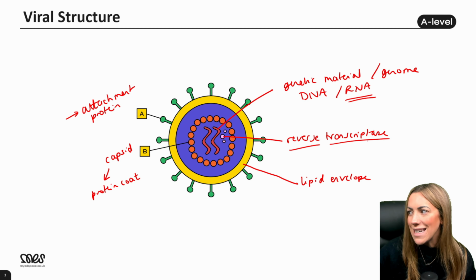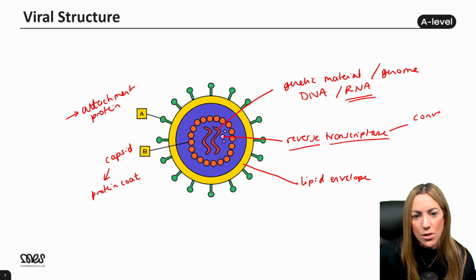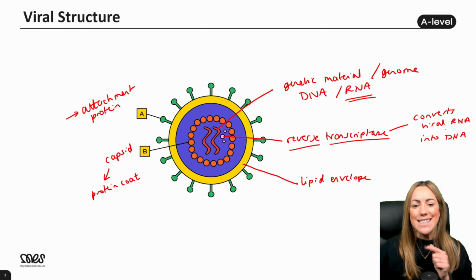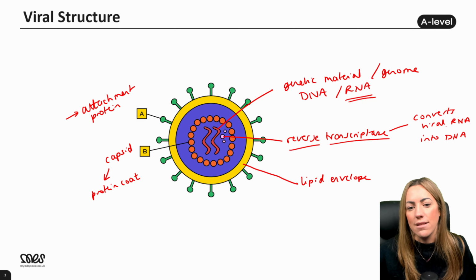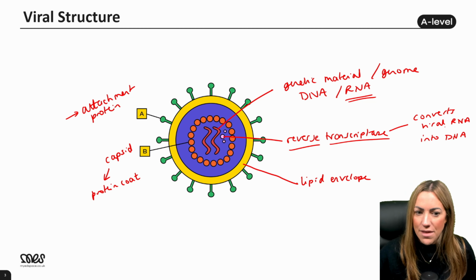So it also needs the enzyme reverse transcriptase, because what reverse transcriptase does is it converts viral RNA into DNA so it can be integrated into the host cell's DNA using another enzyme called integrase. Again, not all viruses have this. They don't have this enzyme. They don't need it if they've got DNA. But HIV needs this enzyme because its genome is made of RNA, so it has to convert that RNA into DNA before it can be inserted into the host cell's DNA.